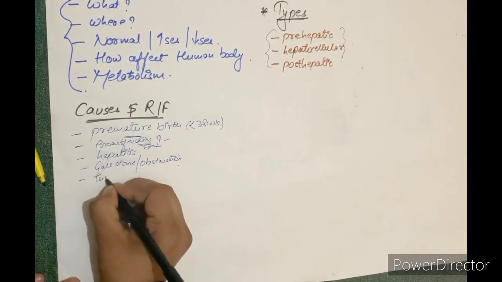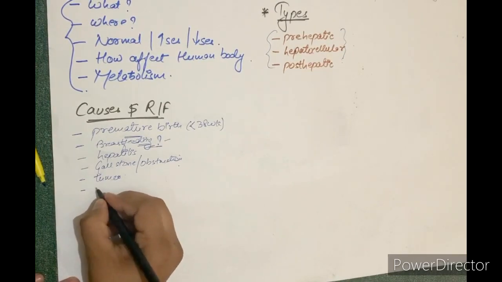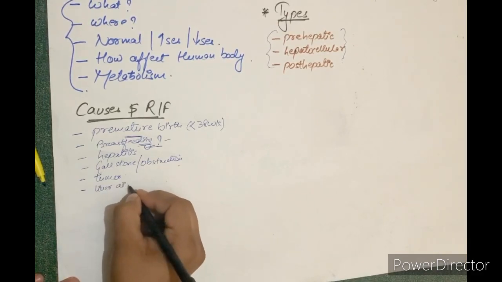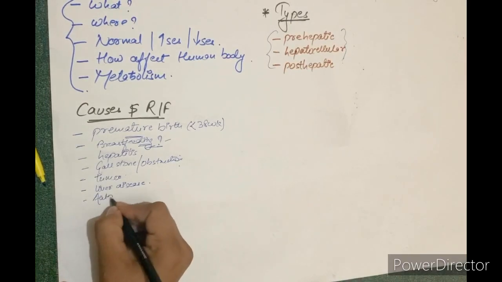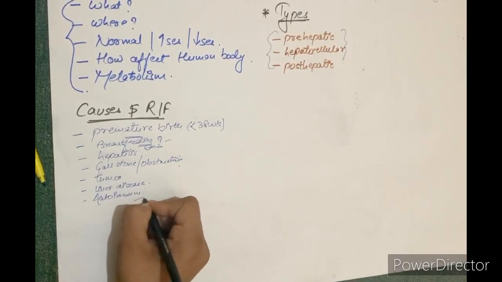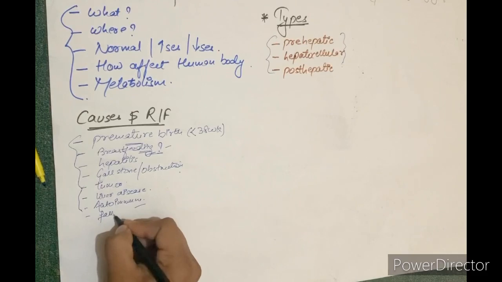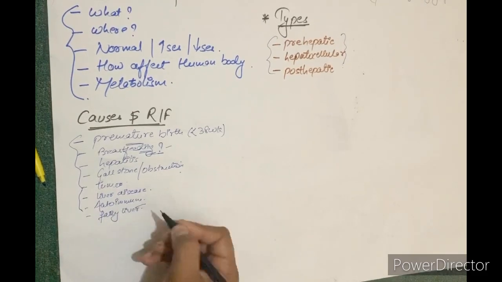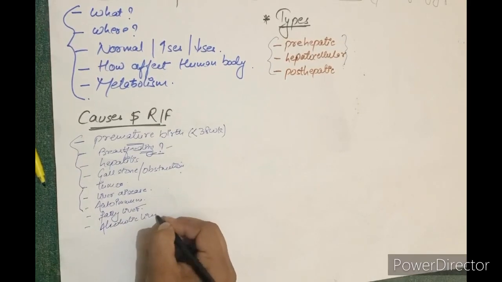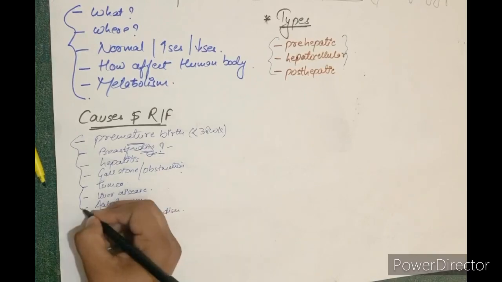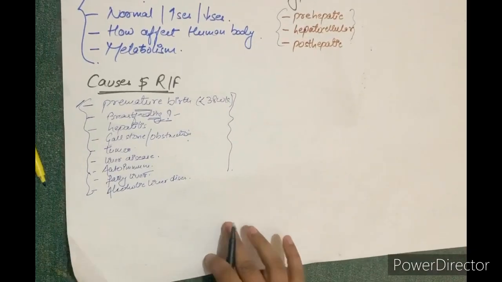If there is any tumor, or any liver diseases, or autoimmune disorders, or fatty liver, or alcoholic liver diseases, these are all many causes. Mainly these are the causes of this.